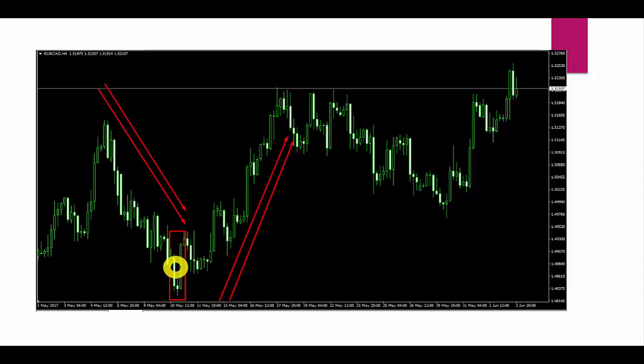Once again I will repeat, first candle bearish, second candle with small body indecision, and third candle should close above the midpoint of the first body.